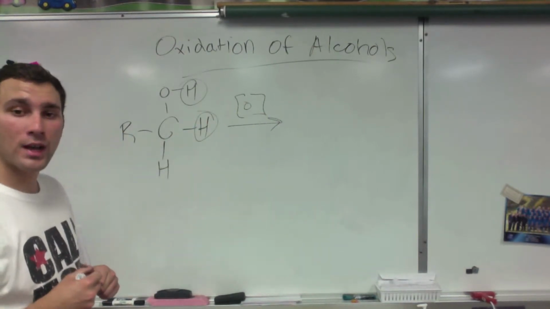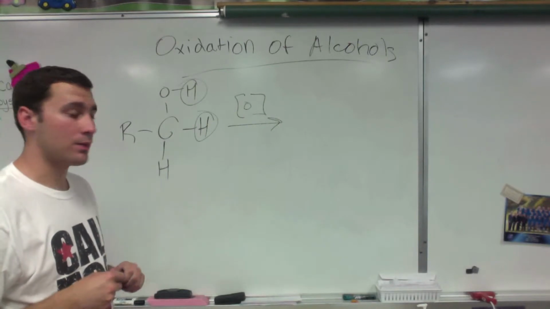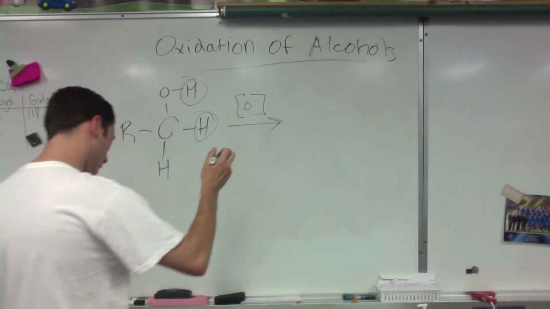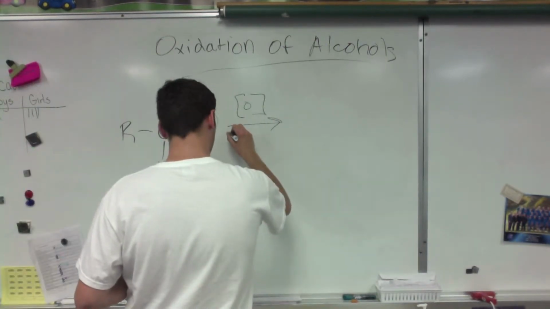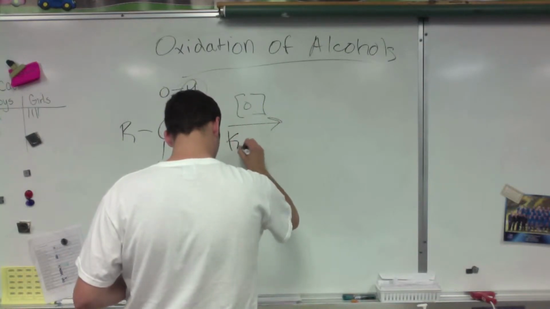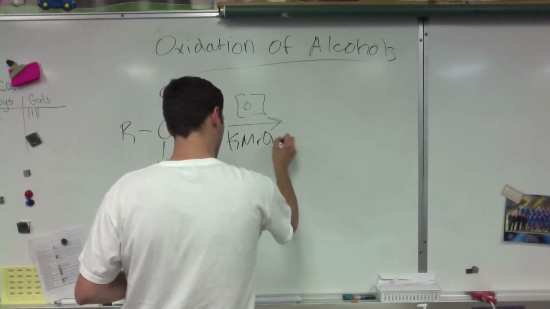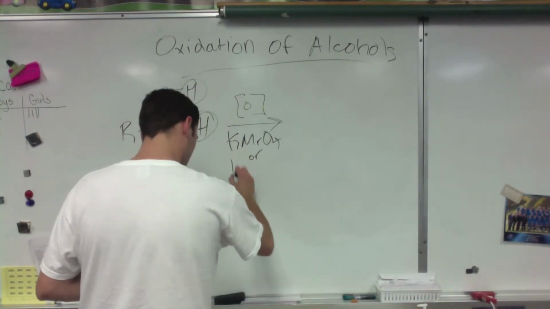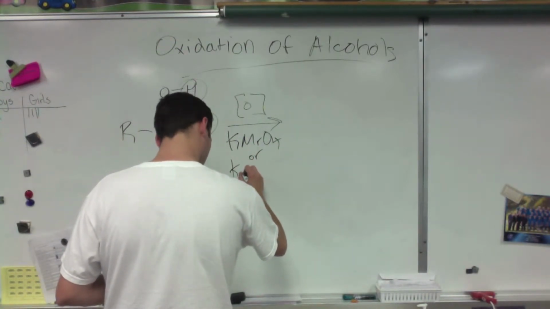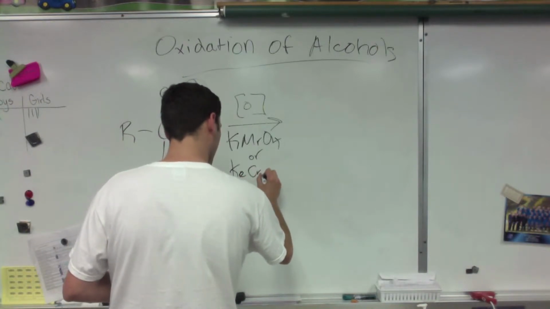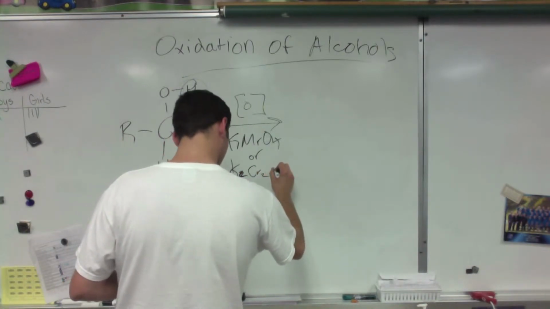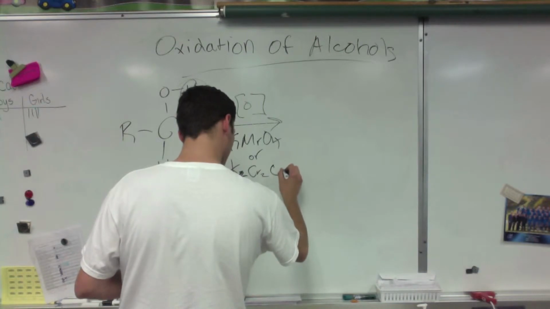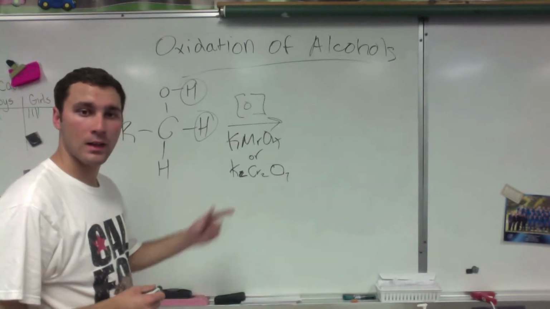Now, an oxidizing agent can be many different things. 2 examples are potassium permanganate or potassium dichromate, as seen here.